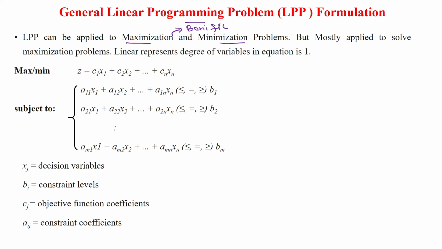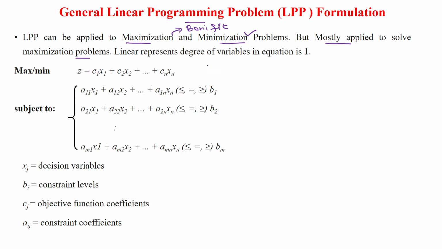When he is manufacturing a product, he wants to increase the number of products from the given raw materials. Minimization represents minimizing the loss, so minimizing the raw materials and maximizing the production. That is the meaning, but mostly linear programming is applied to solve the maximization problem.